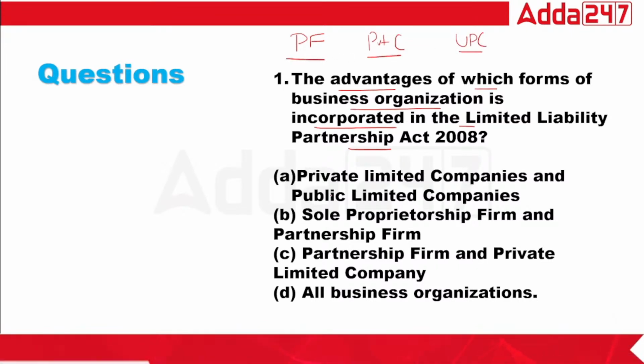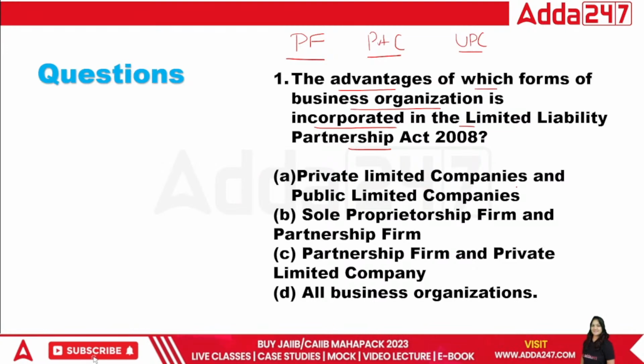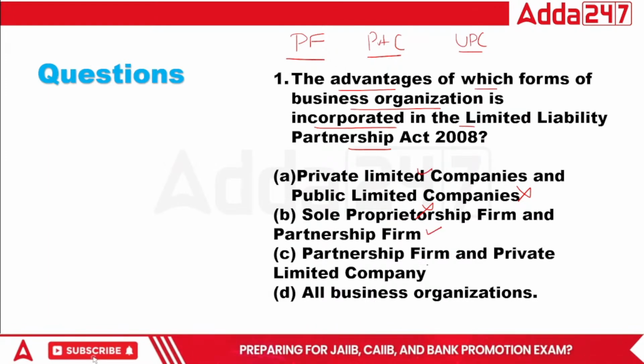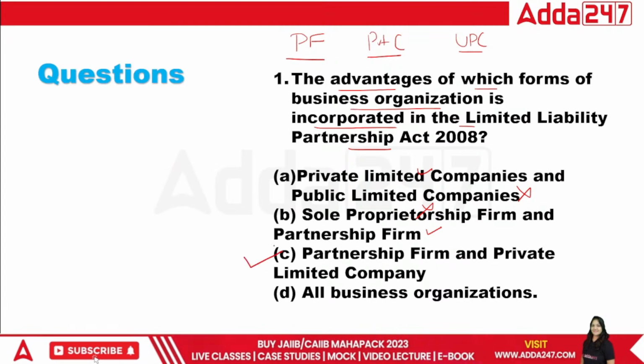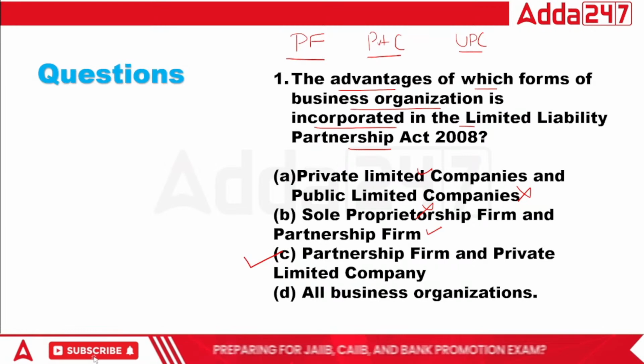So search in the options where these words are written. Private company and public limited company, no. Sole proprietorship, we have not done. Partnership firm, we have done. Partnership firm and the private limited company, yes. C is the right answer because we have read this point.